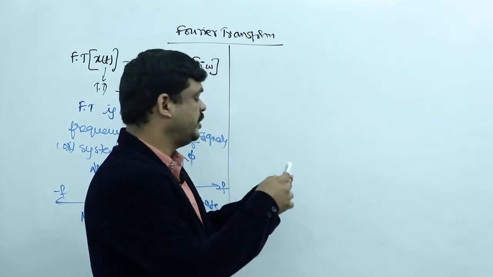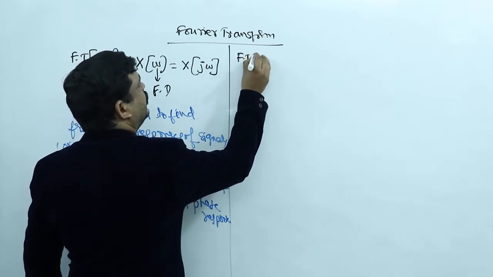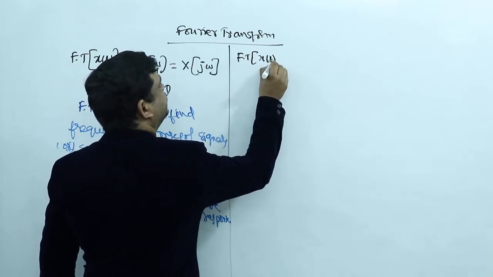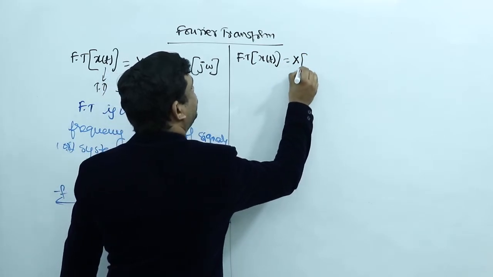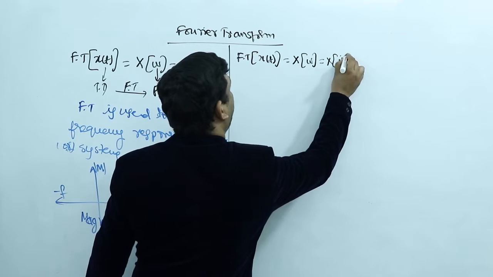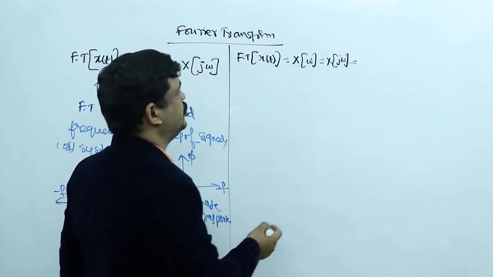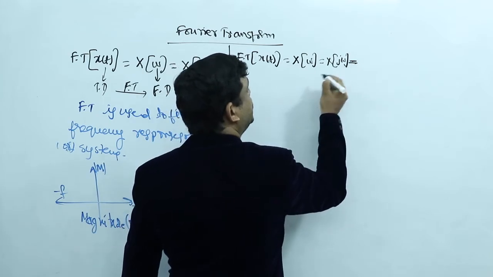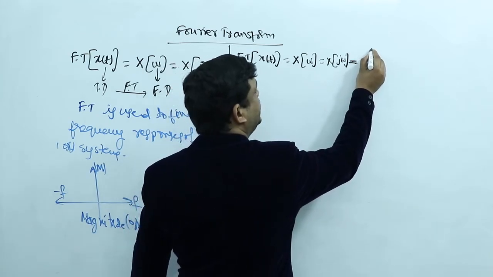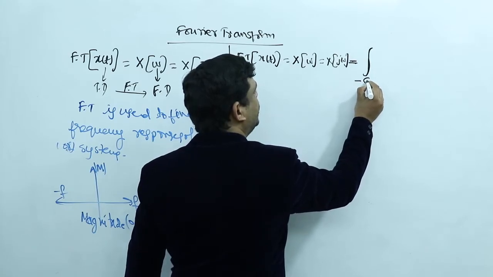First of all we will go through the mathematical equation of the Fourier transform. Fourier transform of x of t becomes x of omega, or x of j omega, which is used to convert time domain to frequency domain.